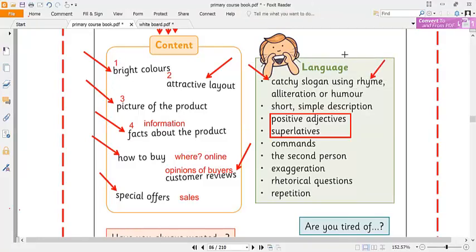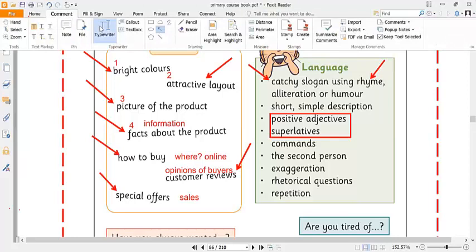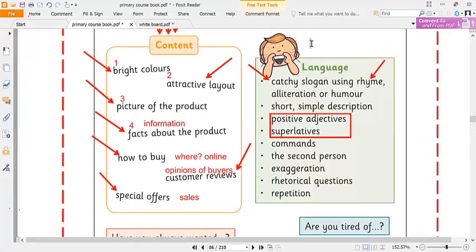Rhyme اللي هو words that sound similar, like go and slow and show, like sat and mat and hat. These 3 words are rhyming. يبقى الكلمات اللي شبه بعض في النطق والصوت اسمها rhyme.